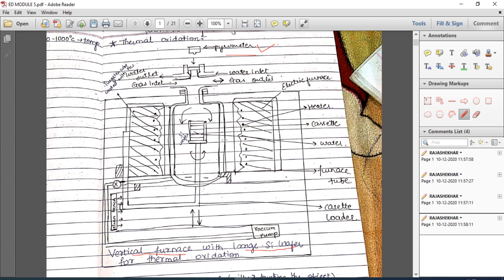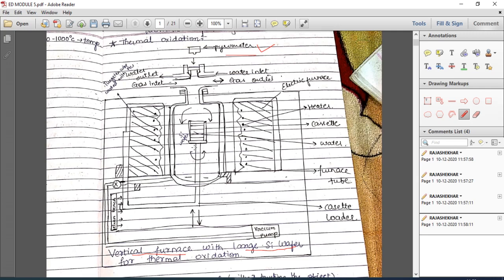Here the object is the furnace. A pyrometer measures the temperature of the object without touching it physically, so it checks how much temperature is built inside this furnace.